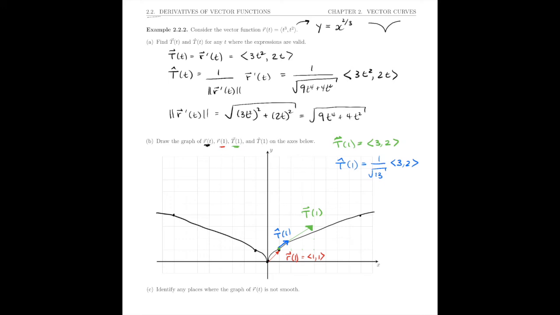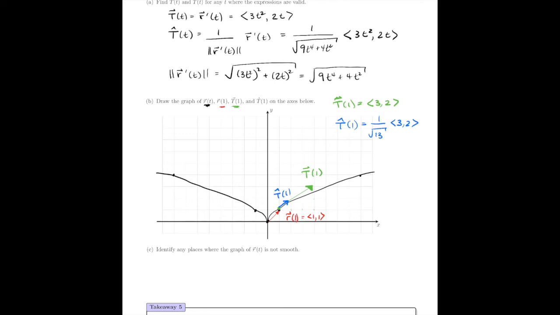Now part C says, can we identify any places where the graph is not smooth? We'll remember that for the graph to not be smooth, we need the length of the derivative to be 0, which means that the derivative vector itself must be the 0 vector. There's only one vector with length 0, and that is the 0 vector. The derivative vector is the vector 3t squared and 2t. We need that to be equal to 0, 0.